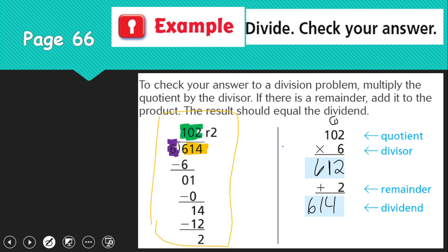Now you want to make sure that when you check your problem, your answer is your dividend, which it is. Sorry about the mixed colors. So then you have it accurate and complete.